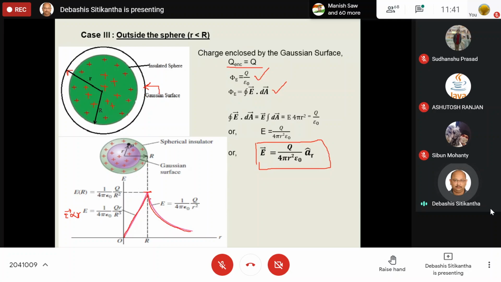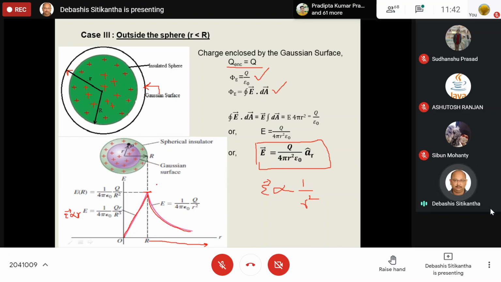Next, let us look at the other part of the curve. Now over here, this portion is outside the sphere. So over here, E vector is inversely proportional to r square, that is, proportional to 1 by r square. So naturally, this relationship is a parabolic relationship, and you will get a curve like a parabola.